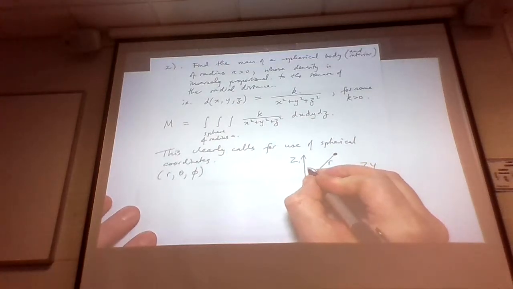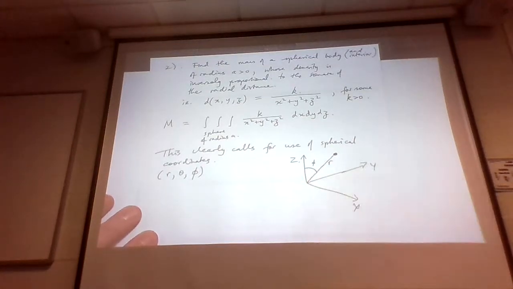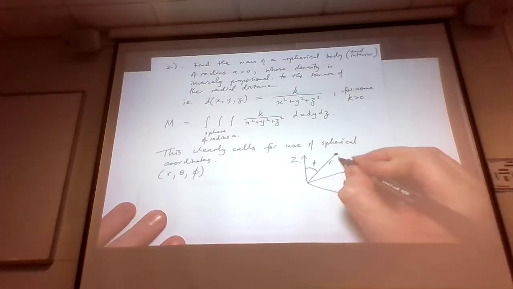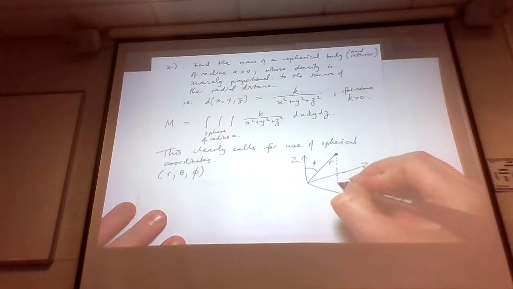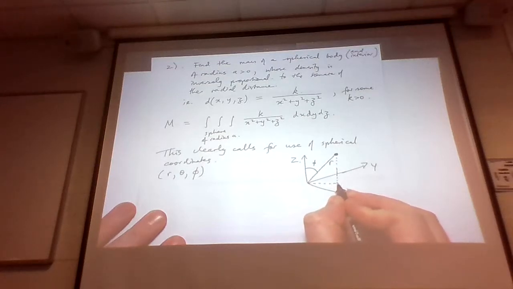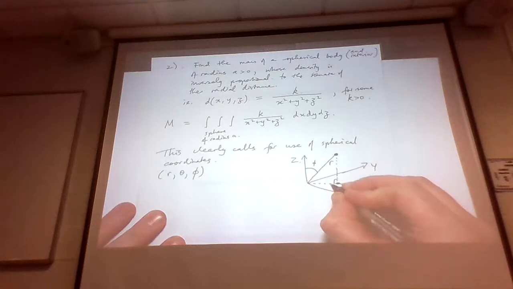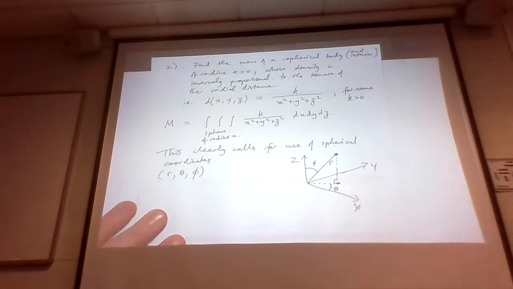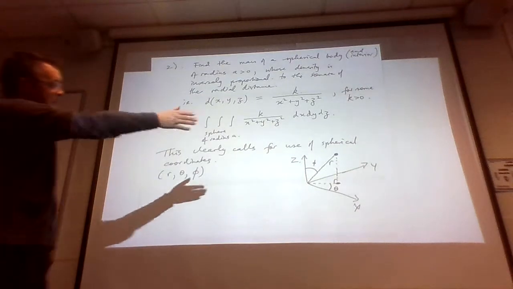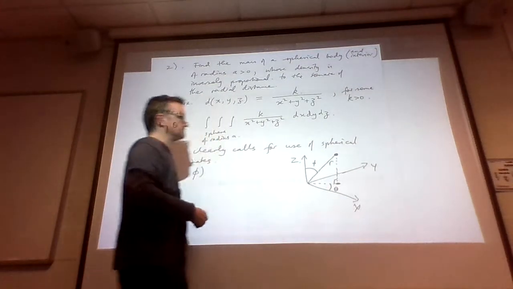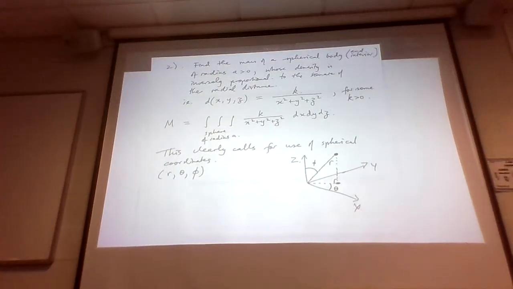Phi is the angle that the radius makes with the z-axis, like that. And theta, when you project the point vertically downwards onto the xy plane, theta is the so-called polar angle there. The angle that the projected radius makes with the x-axis.